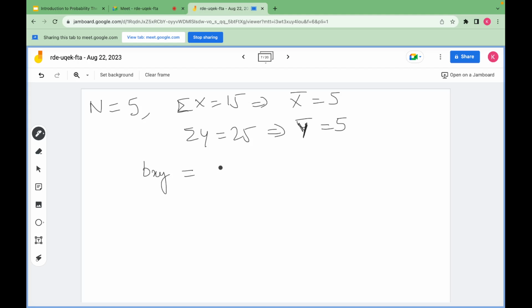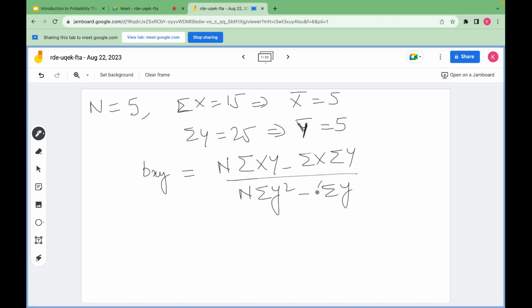This will be n into sigma xy minus sigma x sigma y, divided by n sigma y square minus sigma y whole square. n is 5.